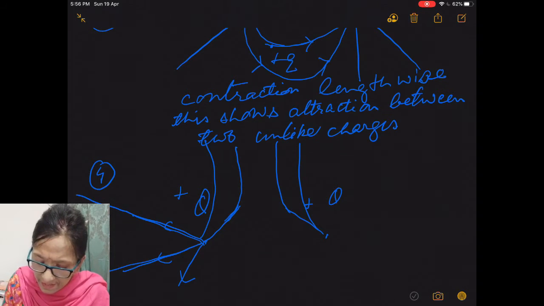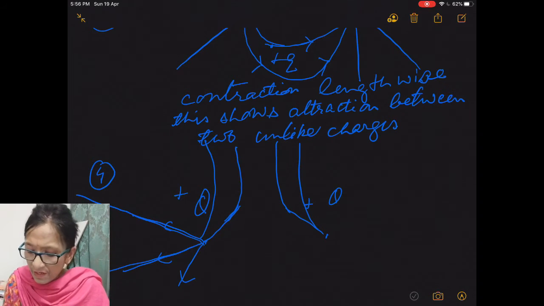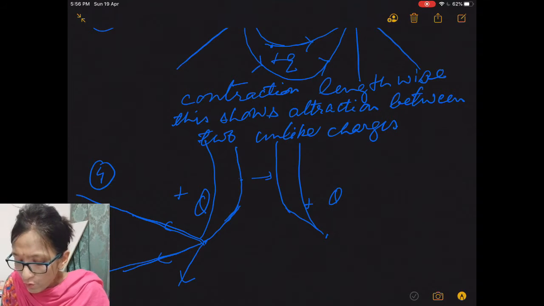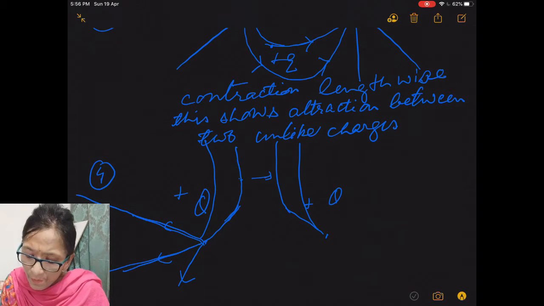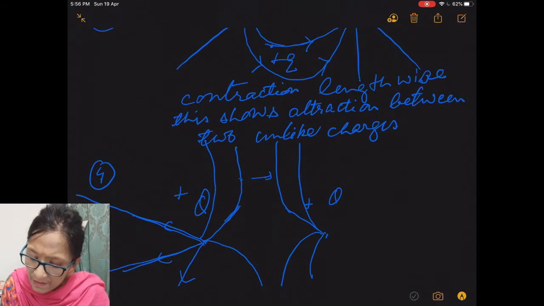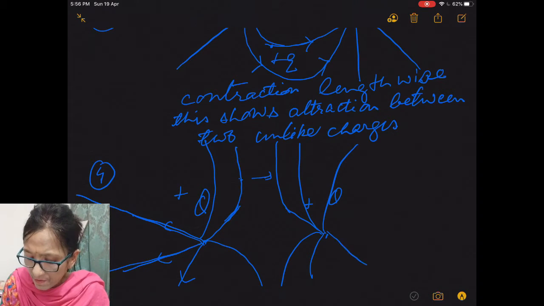On the other side it is going straight up to infinity. This side also it is going straight up to infinity. But the lines of force which are coming close to each other are laterally pressurized. This field line presses this field line, due to which the line takes a curved path.